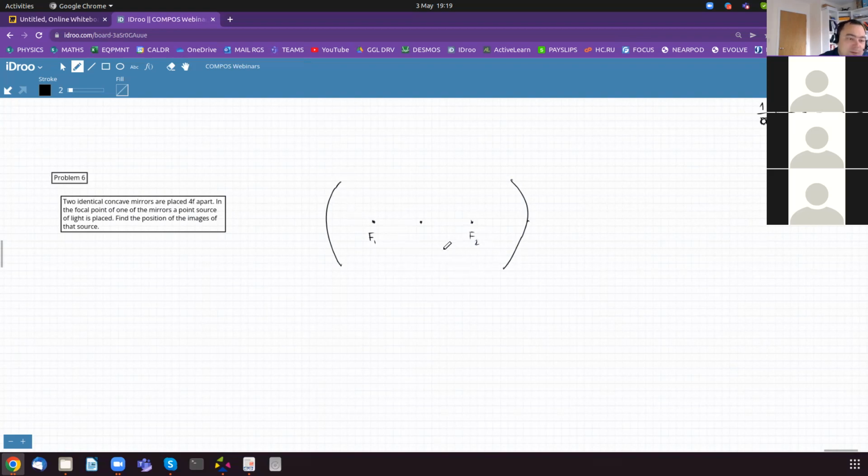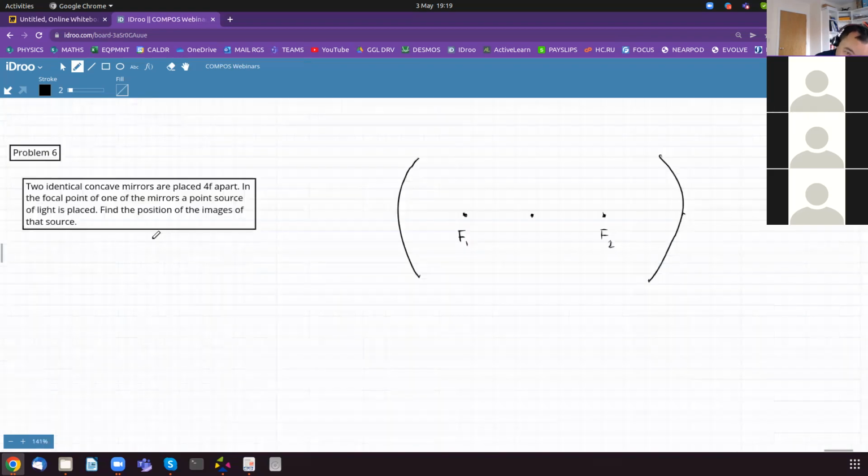Into the focal point, doesn't matter which one, let's say into this point, we place a point source of light, S. If we do it on the other one, it's just going to be a symmetrical problem with the same solution.